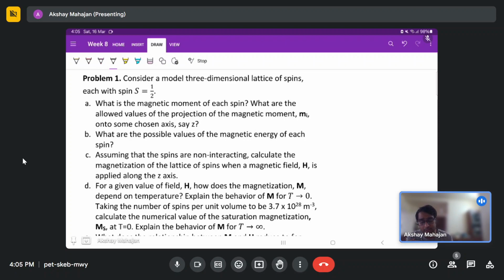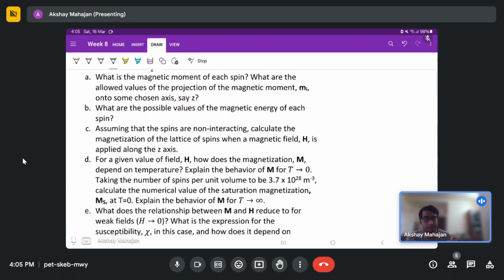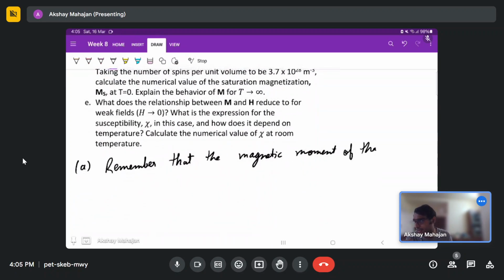First of all we have to consider a model 3-dimensional lattice of spins, each with spin s equals to half, and then in the first part we have to find what is the magnetic moment of each spin, and what are the allowed values of the projection of the magnetic moment mi onto some chosen axis, which is basically when you apply a magnetic field. All your magnetic moments will align in one direction, and we generally consider it to be the z axis. You will see those things in other problems as well.